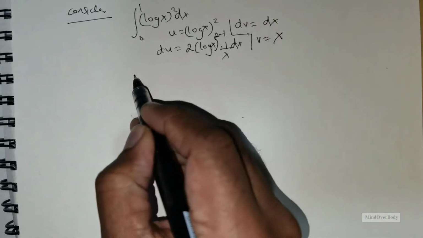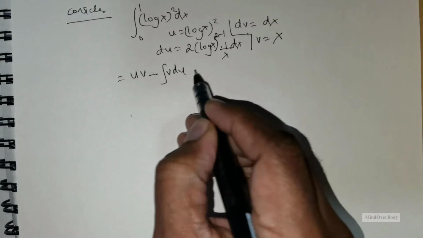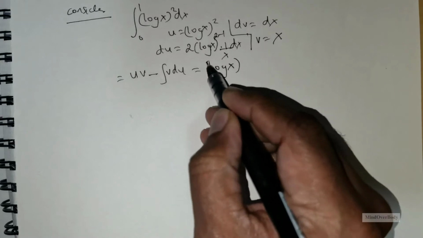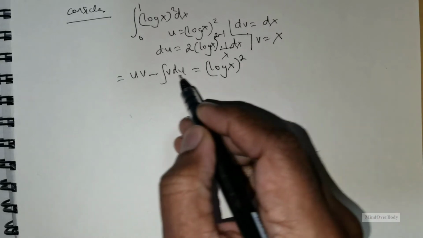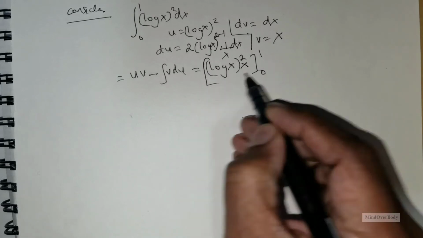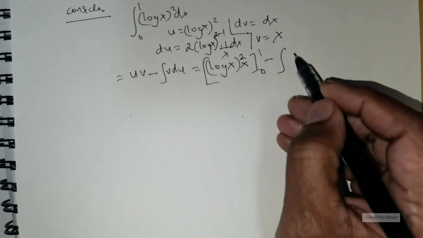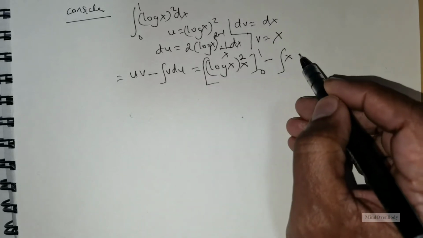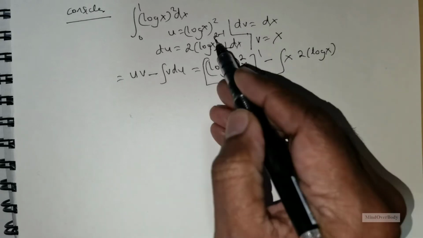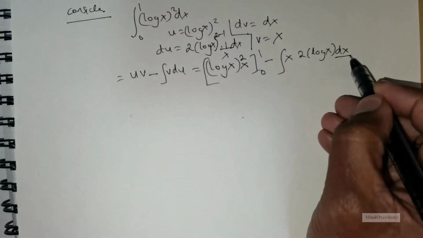Now integration of dv would give me v, and integration of dx would give me x. So substituting it in uv negative integral v du, we get u is (log x) raised to the power 2 times v is x, the limits are 0 to 1, negative integral, v is x, and du is going to be 2 times log x. 2 minus 1 is going to be 1, so it doesn't matter there, multiplied with dx over x.